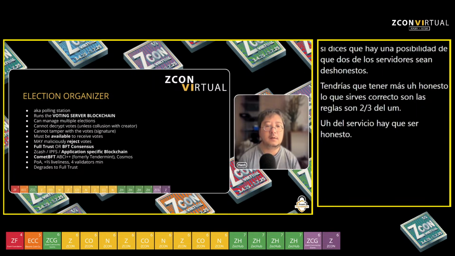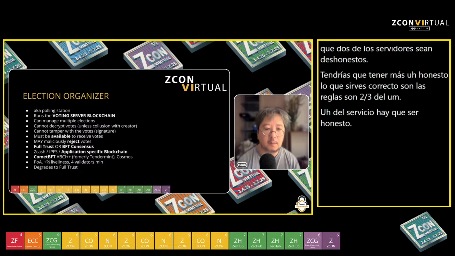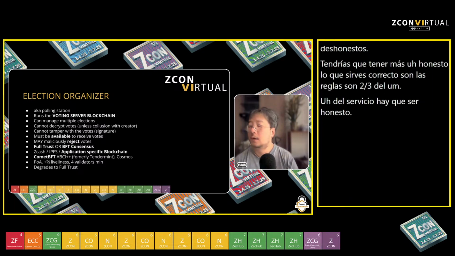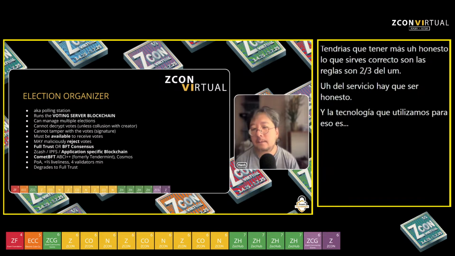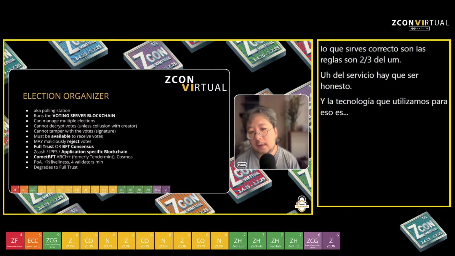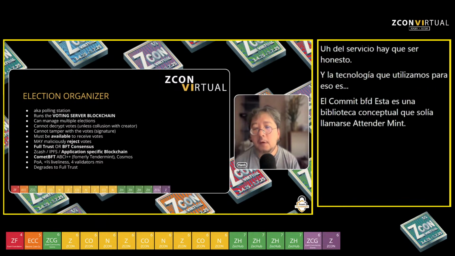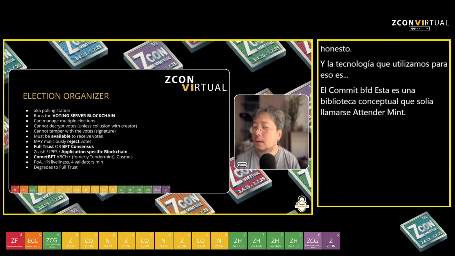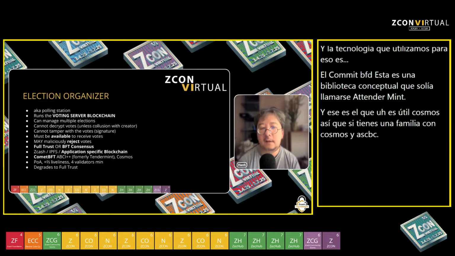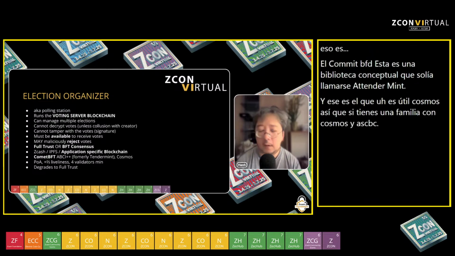And the technology that we use for that is CometBFT. This is a consensus library. It used to be called Tendermint, and that's the one that is used for Cosmos. So if you are familiar with Cosmos and IBC, the engine is CometBFT, and that's the one that we're using.